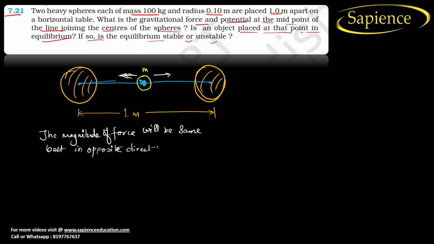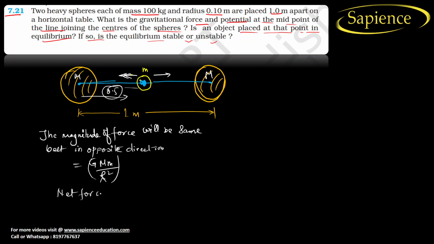The magnitude of the force will be G times capital M times small m by r square, where r is 0.5. Both are equal, so the net force will be 0 at the point.